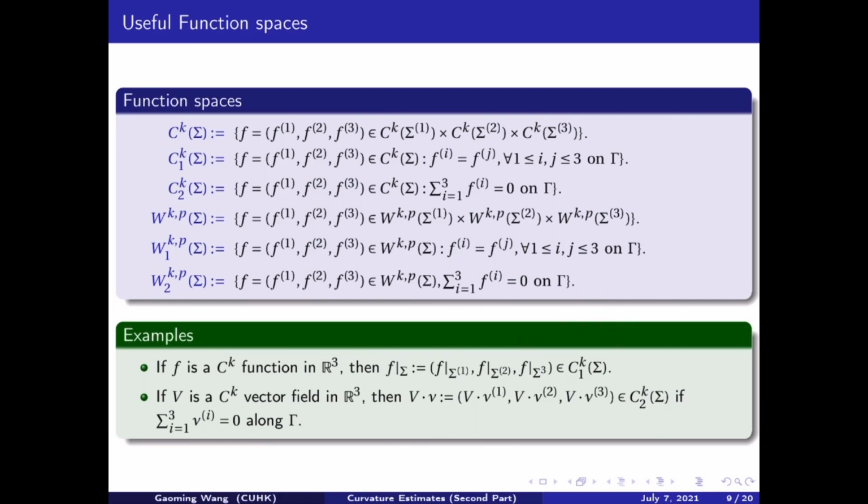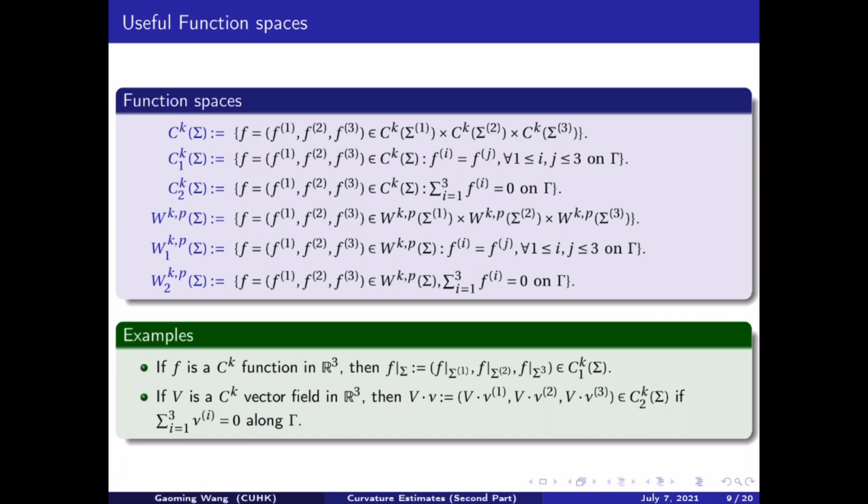Therefore, we know the restriction of f to Σ is a C_1^k function on Σ. From this example, you can see the C_1^k function space is quite natural. Even the coordinate functions on Σ lie in this function space, but we still call it the C_1^k function space instead of the C^k function space since there are other kinds of function spaces important to us.